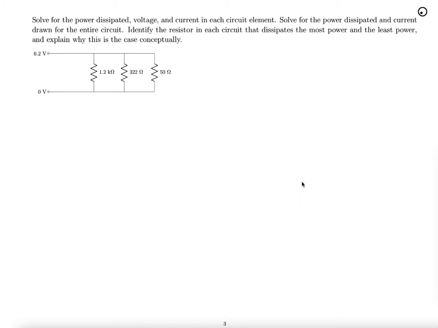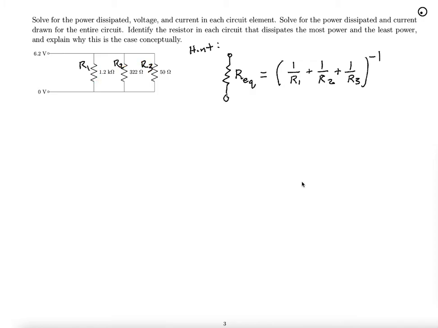The main tricky thing is that you're adding multiple resistors in parallel, and so when we turn this into an R equivalent, it's going to equal 1 over R1 plus 1 over R2 plus 1 over R3, and the reciprocal of that entire expression, using R1, R2, and R3.